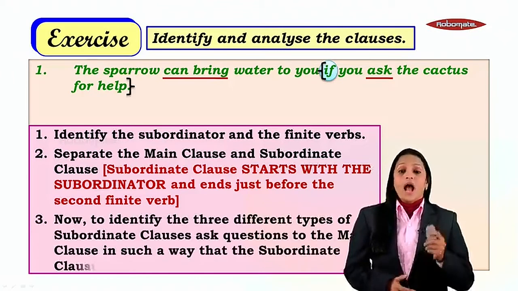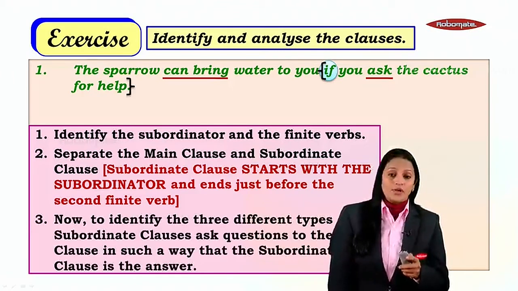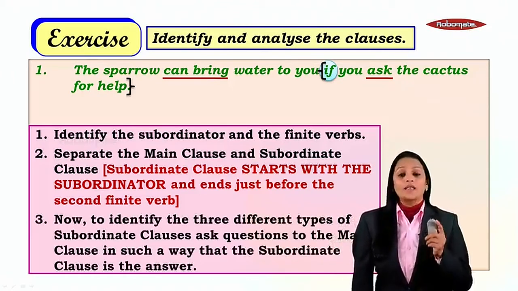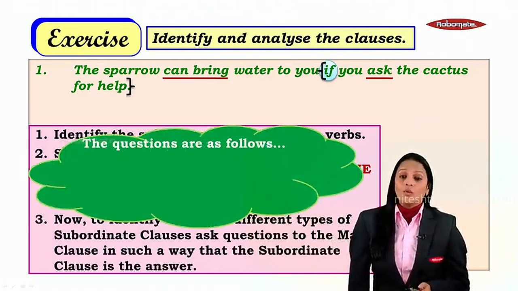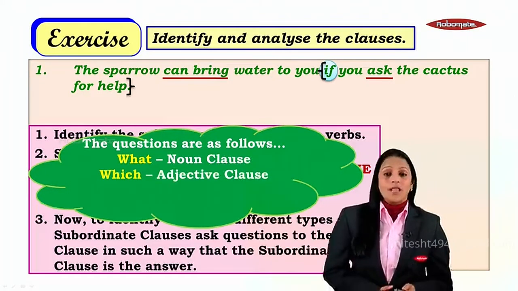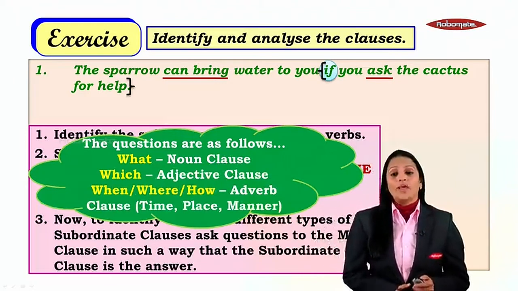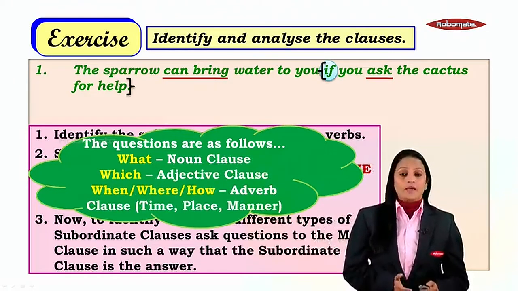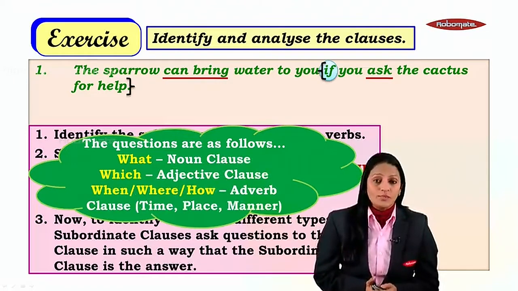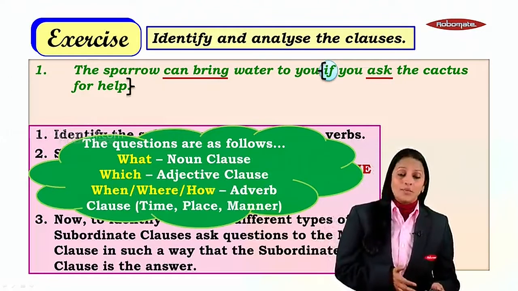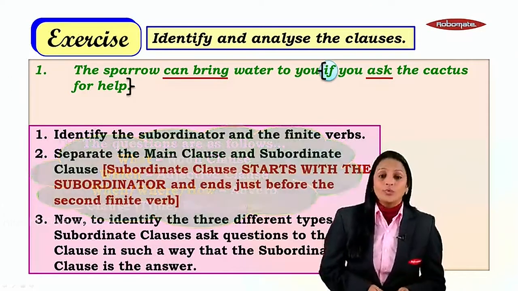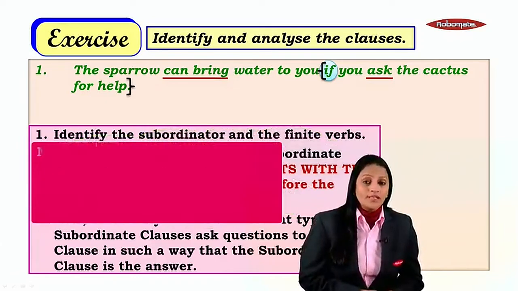Next, students, identify the type of subordinate clause, and you will do that first by asking the questions. What are the questions? Once again, what? Noun clause. Which? Adjective clause. When, where, how? Adverb clause of time, place, manner. Now, can you ask any question to the main clause here and get the answer as the subordinate clause? No. So what do we do? We look at the subordinator "if."